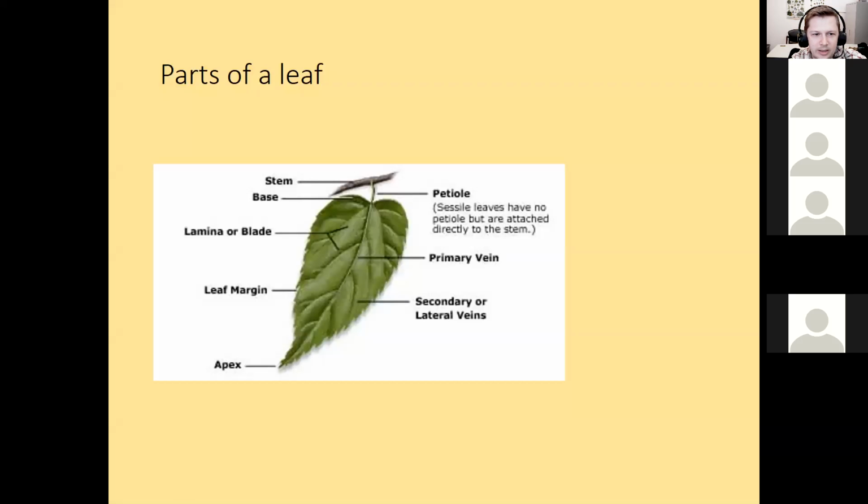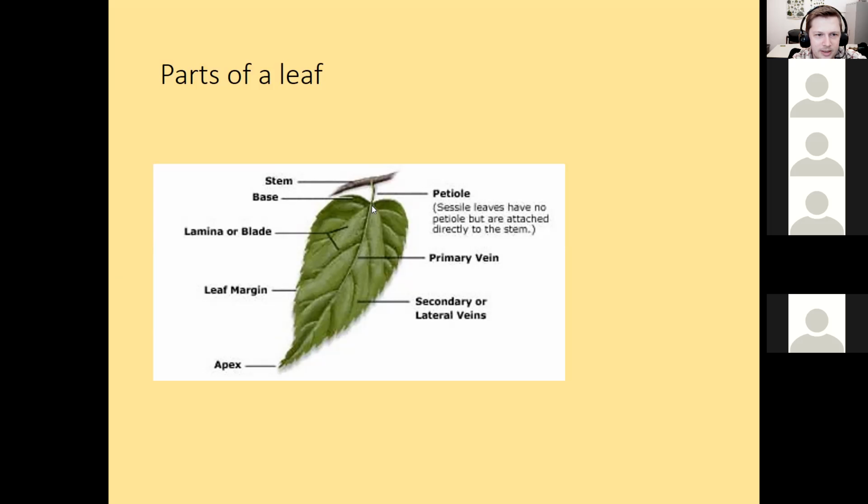However, we live in Florida. Leaves are present most of the year for most trees. And so that's really going to be the focus here for what I'm going to try and talk to you all about today.